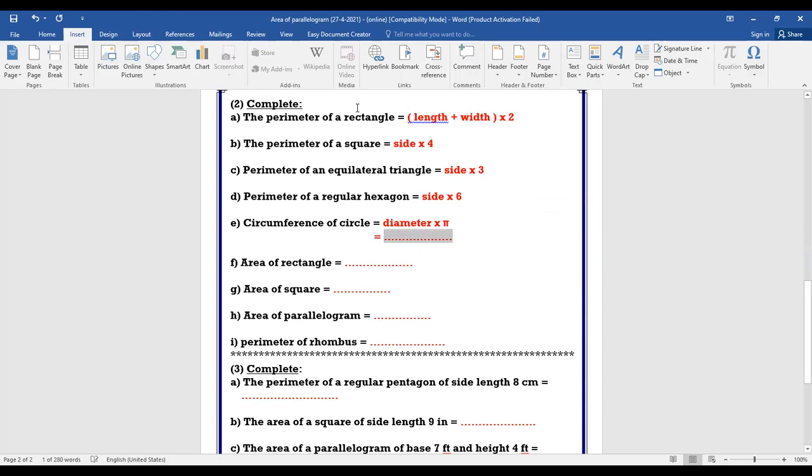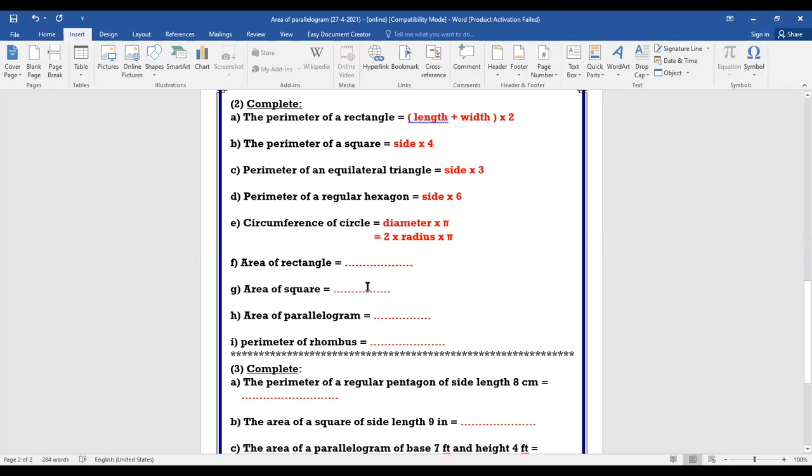If you have the radius, it will be 2 multiplied by the length of the radius multiplied by pi, because the radius is half of the diameter.